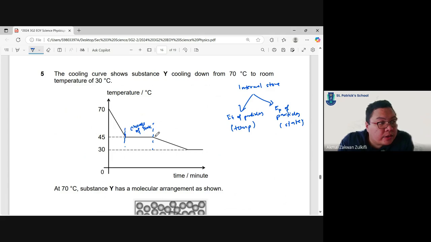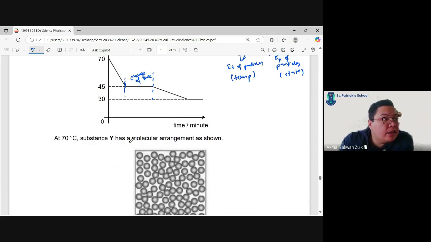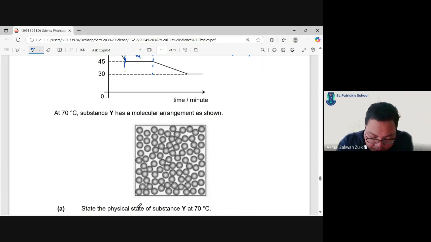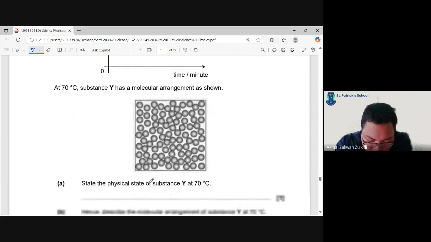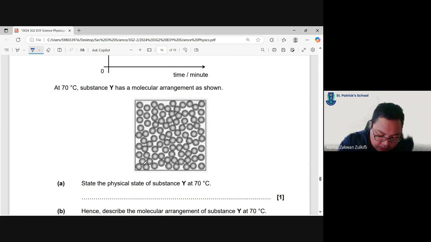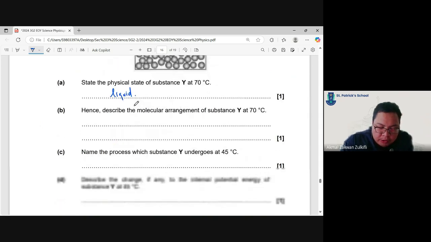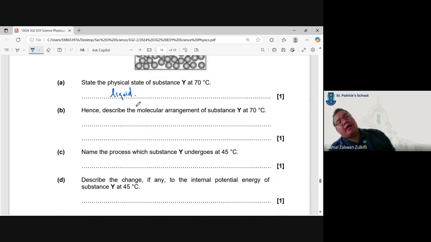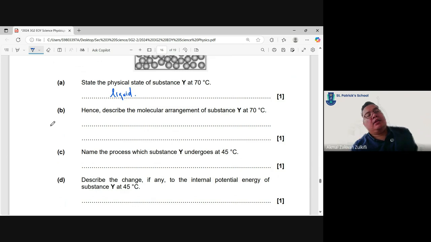Let's look at the rest of it. At 70 degrees, substance Y has a molecular arrangement that looks like this. This looks like a liquid. Describe the molecular arrangement of substance Y at 70 degrees. It's important for you to know your FAM of solid, liquid, and gas.